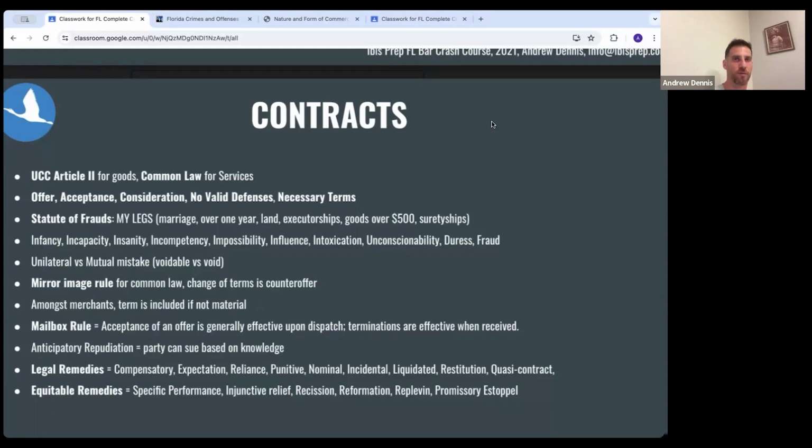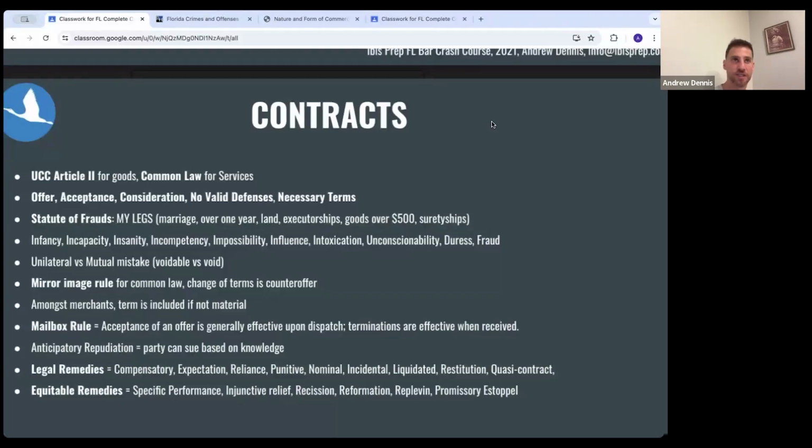Look for modification: under common law, we need consideration; under the UCC, just good faith. Look for installment contracts, where a non-conforming shipment or non-conforming performance won't give rise to a material breach because there will be an opportunity to cure in a subsequent installment.